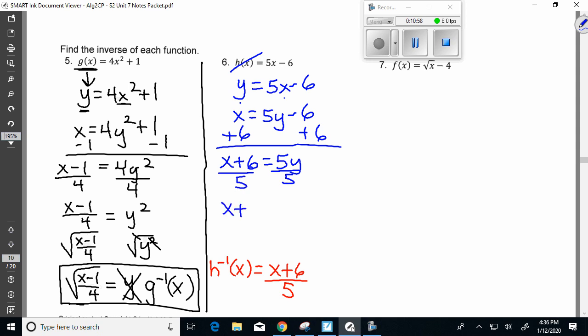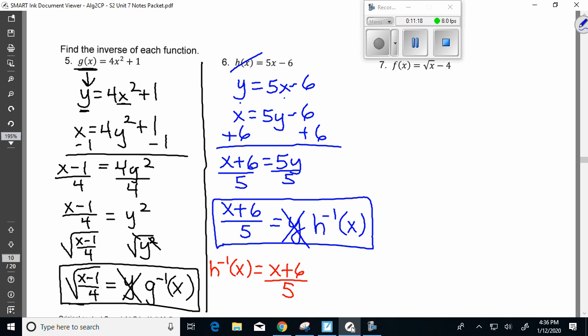That's x plus 6 over 5 equals y. y is now by itself. We've finished solving out the equation. Now we put it in the right notation, cross out the y, and replace it with h inverse of x. And that takes care of that.